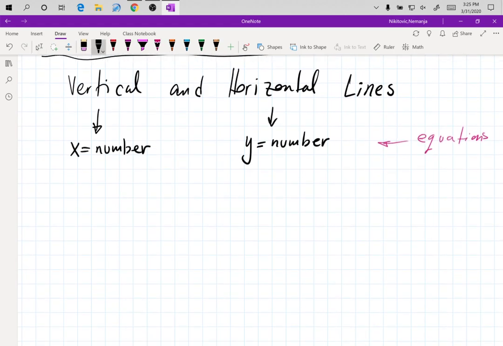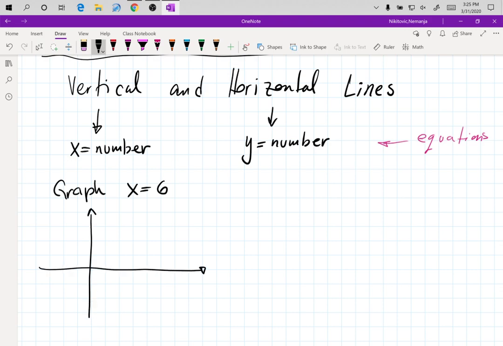So if I want to graph x equals 6, we are going to have 1, 2, 3, 4, 5. This is where 6 is, and because it's a vertical line, we draw a vertical line, right? It goes up and down through 6, and that's it. There's nothing else to do regarding that.